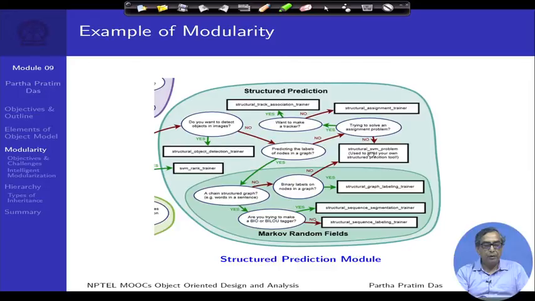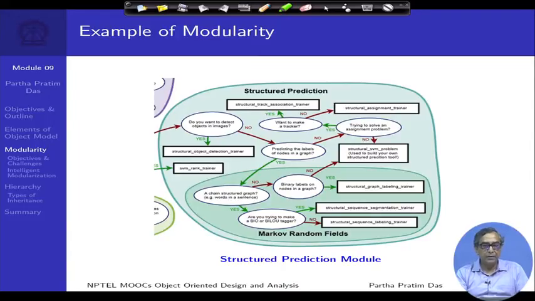Another module is structured prediction, which deals with how, given a certain pattern of data, you can infer a predictable model for it. You will often use Markov random fields for that or different other ways of doing structured prediction.